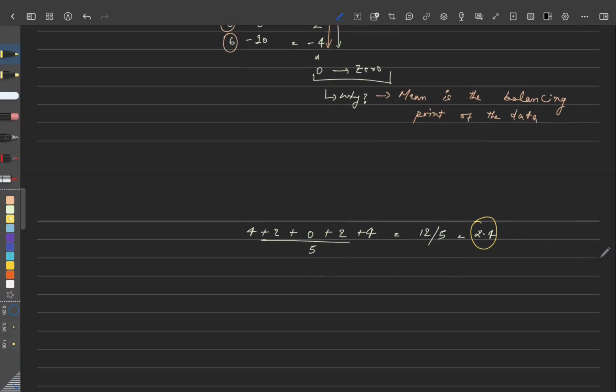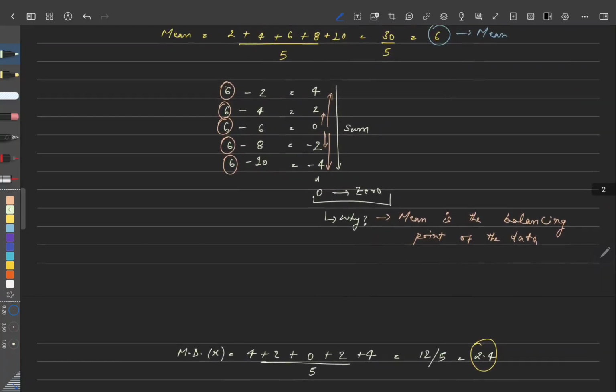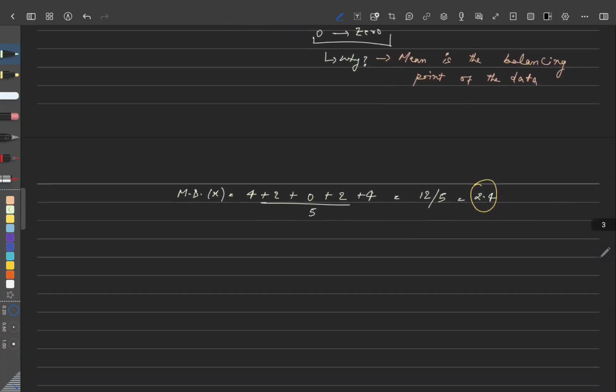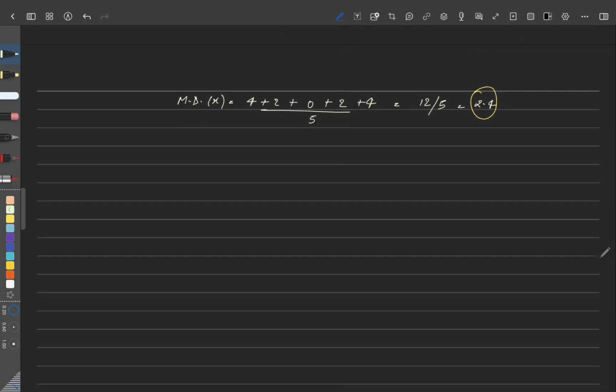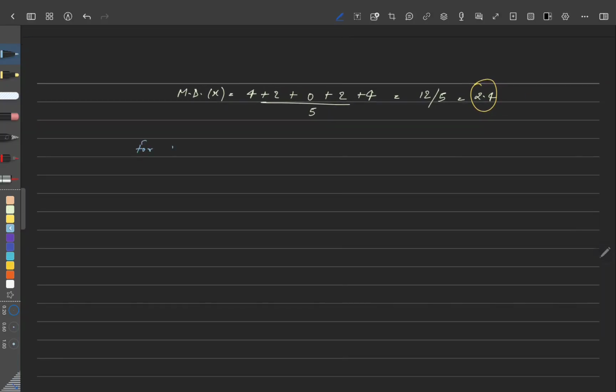For variance, we need to square the deviations, right? So what was this? This was mean deviation of x. Let's consider each point in the data set as x. Now for variance, we need to square the deviations.